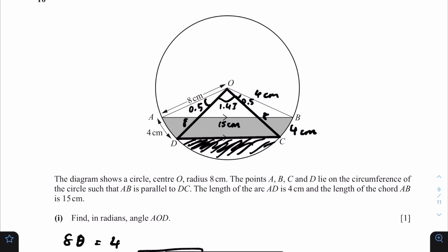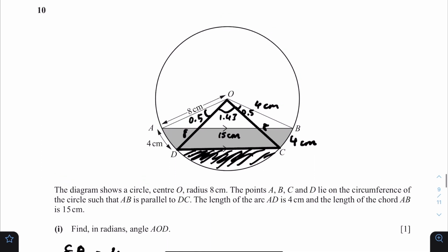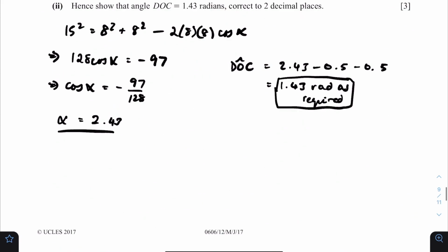So let's find what this shaded area is. I'm just going to inspect this. The way we can find this shaded area is by finding the area of the sector, then the area of triangle OCD. Triangle OCD has 1.43 as a central angle and 8 as side lengths. So we can actually use half ab sine C to do this.